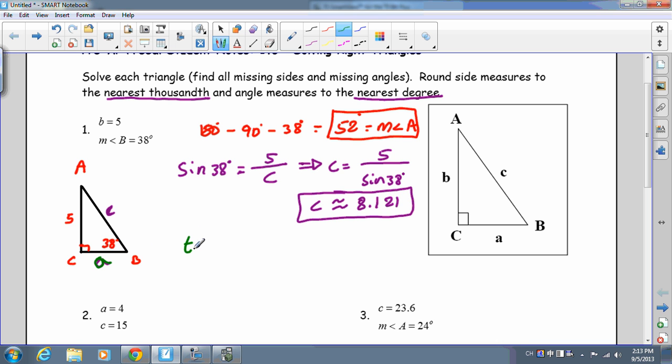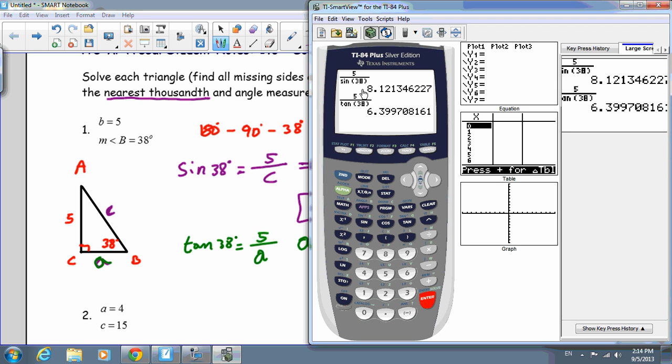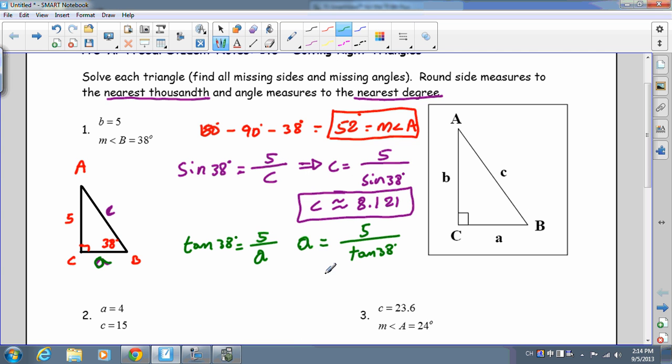So I will say the tangent of 38 degrees in this specific triangle is equal to 5 over A. If you organize this expression, you will get A is equal to 5 over the tangent of 38 degrees. Using your calculator again, 5 divided by the tangent of 38 degrees is 6.400. So here you will write approximately equal to 6.400.